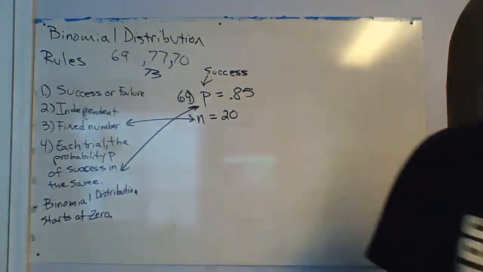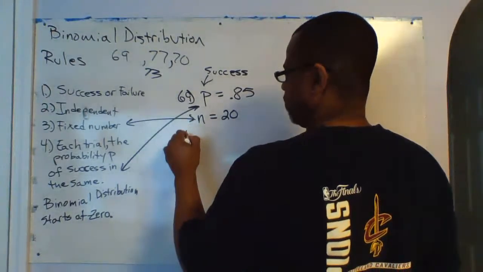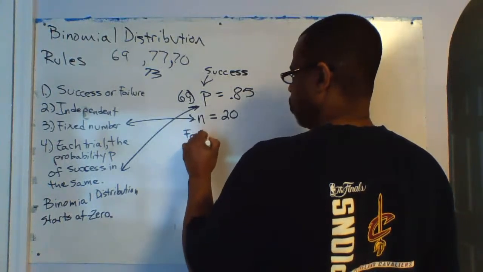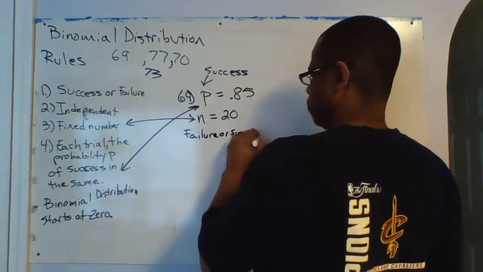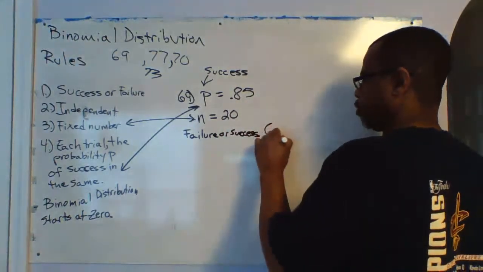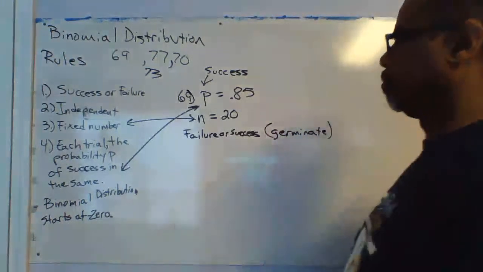All right. And then if you read 69, so the only thing we have left, so we have a failure or a success. Okay, so in other words, that means that they're going to germinate or not.